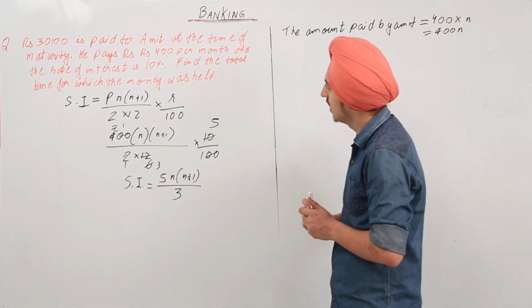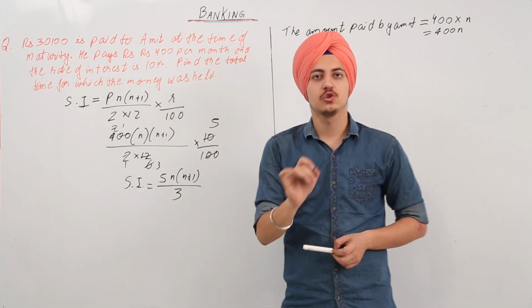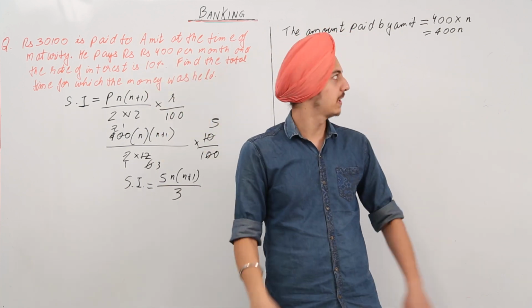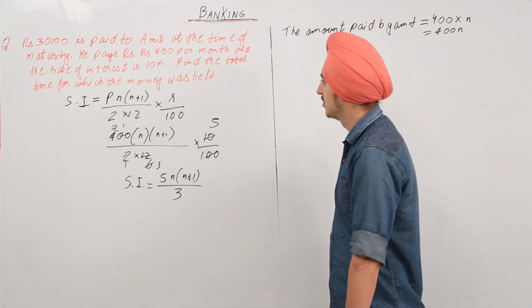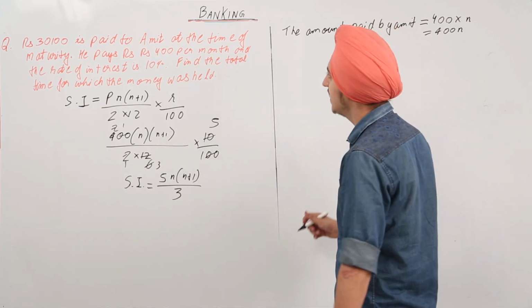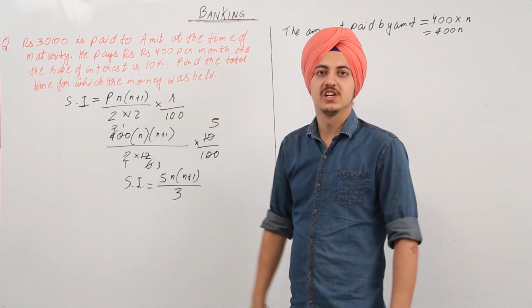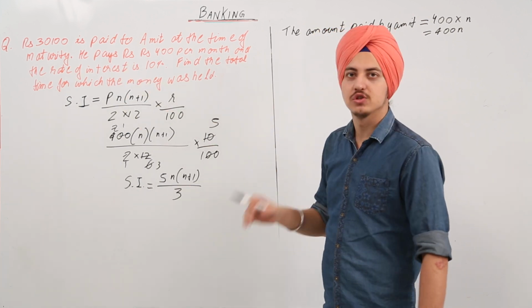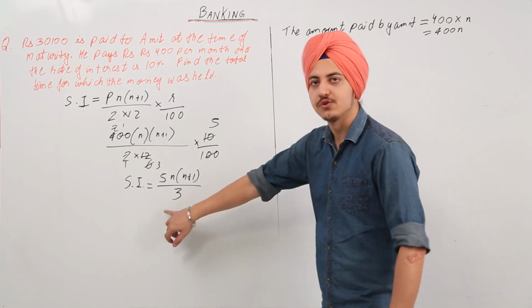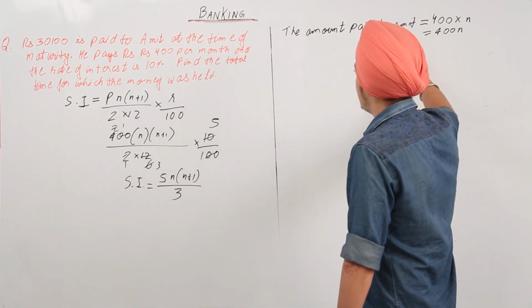Why is this? Because 400 is paid every month and N is the total number of months for which the value is paid. So 400N is the total amount paid. Now according to the question, rupees 30,100 is paid to Amit as the maturity value. So the maturity value is equal to the interest plus the total amount paid.